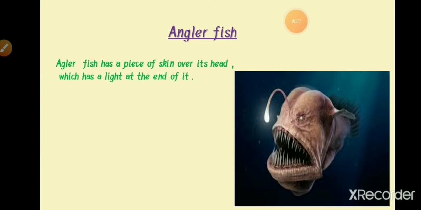Angler fish has a piece of skin over its head, as you can see, which has a light at the end of it. This light is useful for attracting prey. So children, anglerfish use its light to search for its food. Prey means food. Okay, so come to the next.